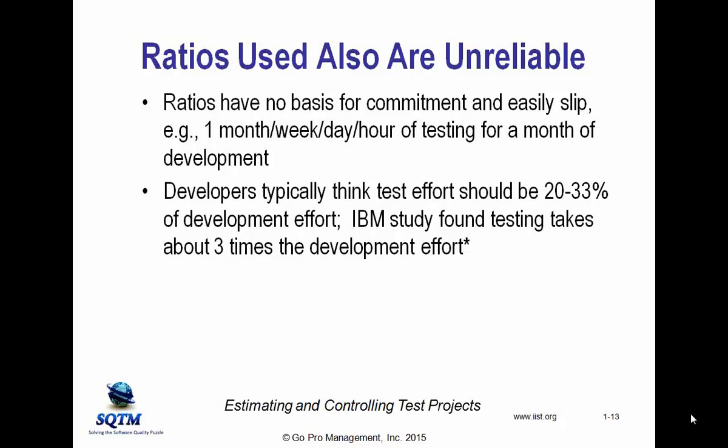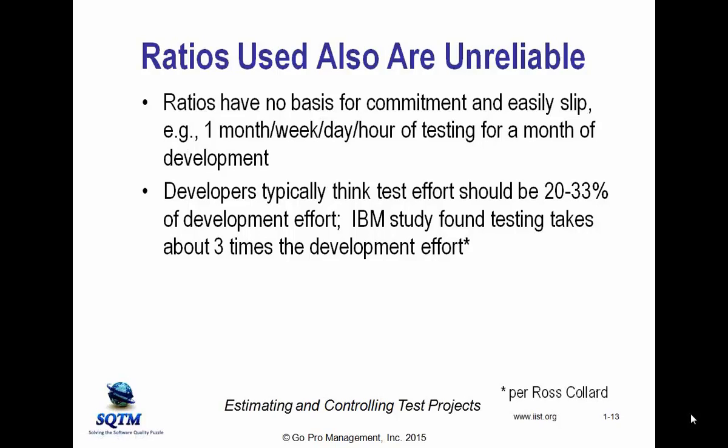Developers' perceptions: top-down testing estimates tend to get created by people with a development slant and a development influence. And developers just really tend not to have a good understanding of how much testing is actually required.